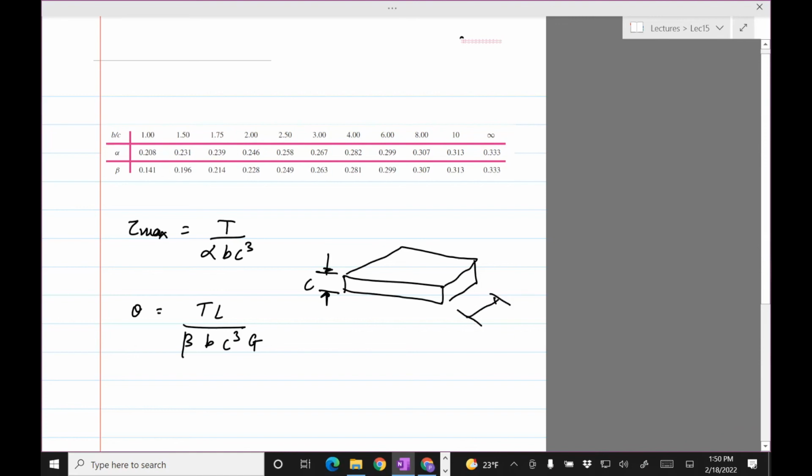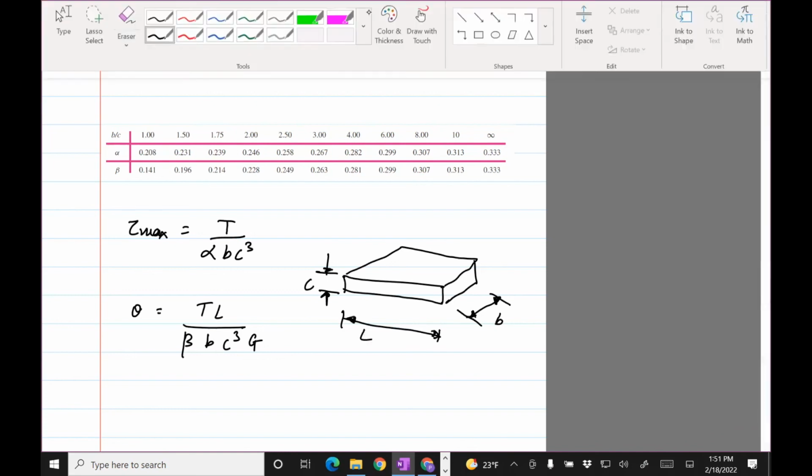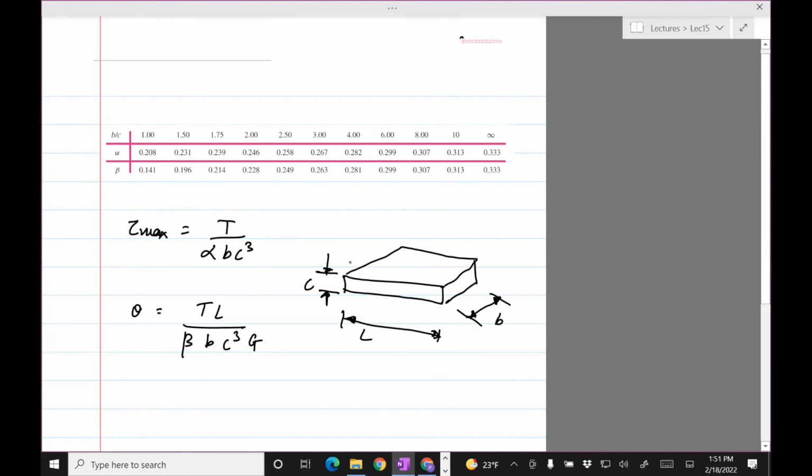This is B. And this is L. And the assumption is that the torque is applied on this axis. If you're given the torque and the dimensions, alpha and beta come from that table, where the ratio B divided by C is given, and that tells you how to choose alpha and beta. That's the formula we'll use.